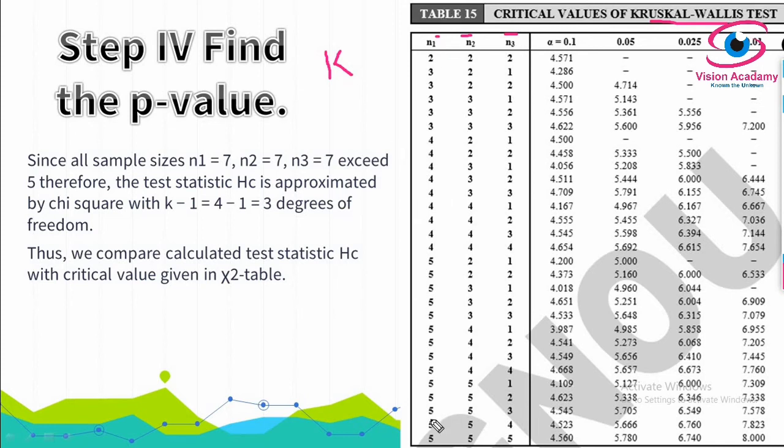So here N1's highest sample is 5, even in N2 the highest sample is 5, and in N3 the highest sample is 5. Which means up to 3 groups, that is K equal to 3, and in each group we can only accommodate 5 samples. This is the only solution we can give with the Kruskal Wallis test table.